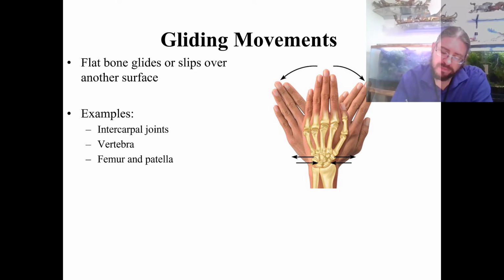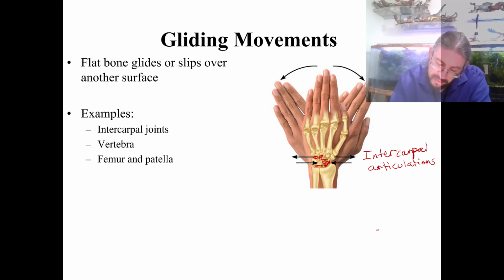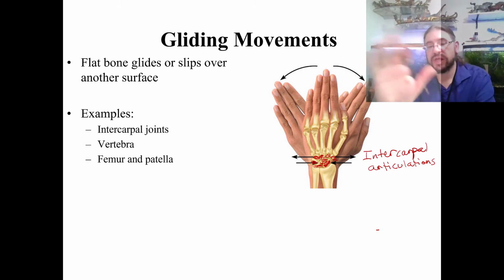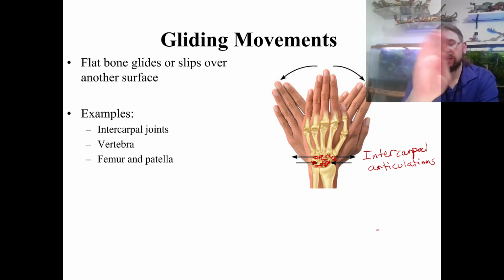So the intercarpals, the intercarpal articulations. Remembering that carpal bones are the bones of the wrist. So these bones can glide over each other. So when your hand is moving like this, those bones are gliding across each other.